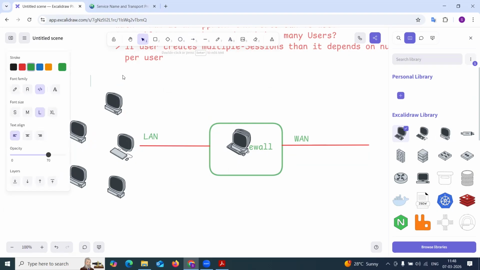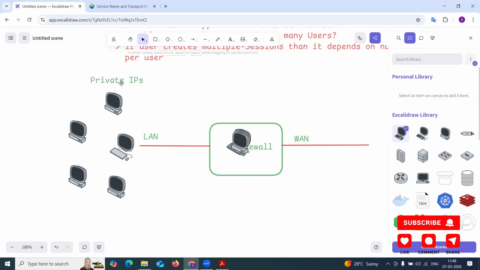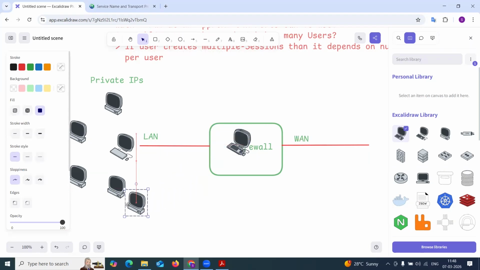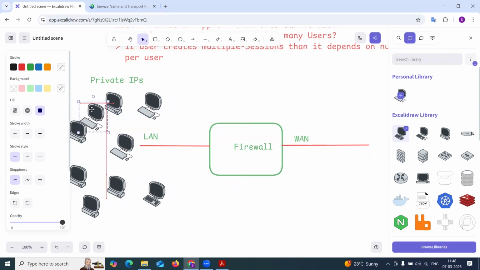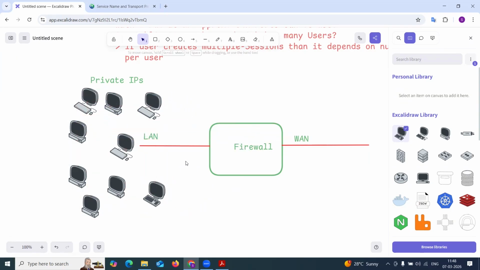These all are having private IPs. And these private IPs, when they want to go outside, definitely they all have to get translated with a public IP. So here I'll have a public IP. See, these all are the LAN network IPs.